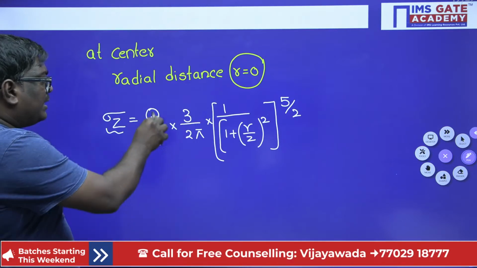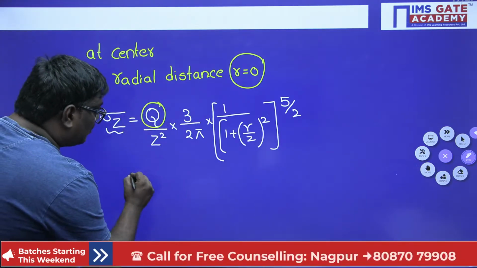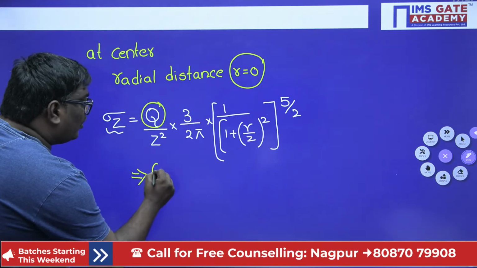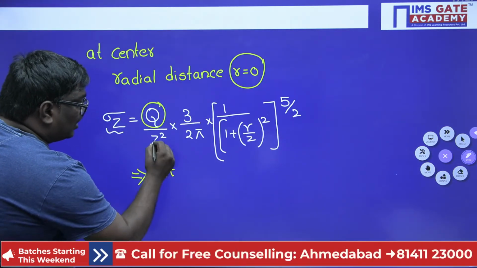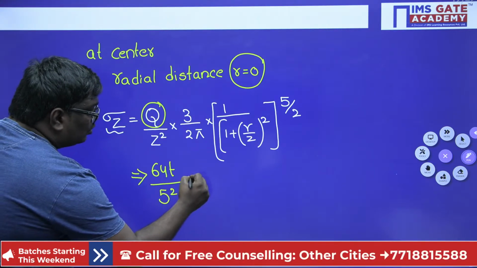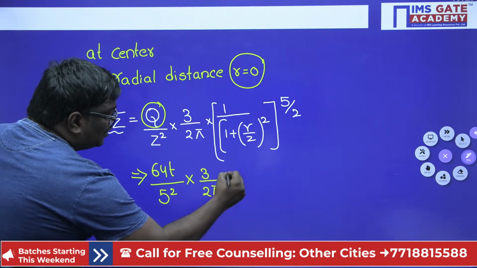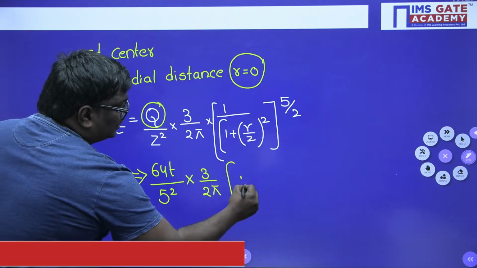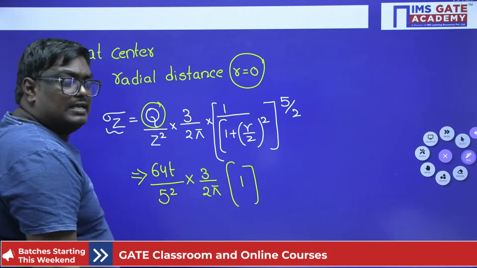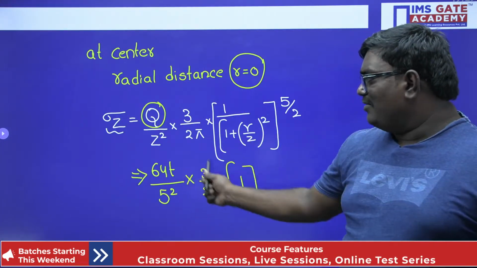So here what is the load we have calculated, Srujana? It is 64 tons upon z square, which is 5 square, into 3 upon 2 pi. And as R is equal to 0, this value will be equal to 1.